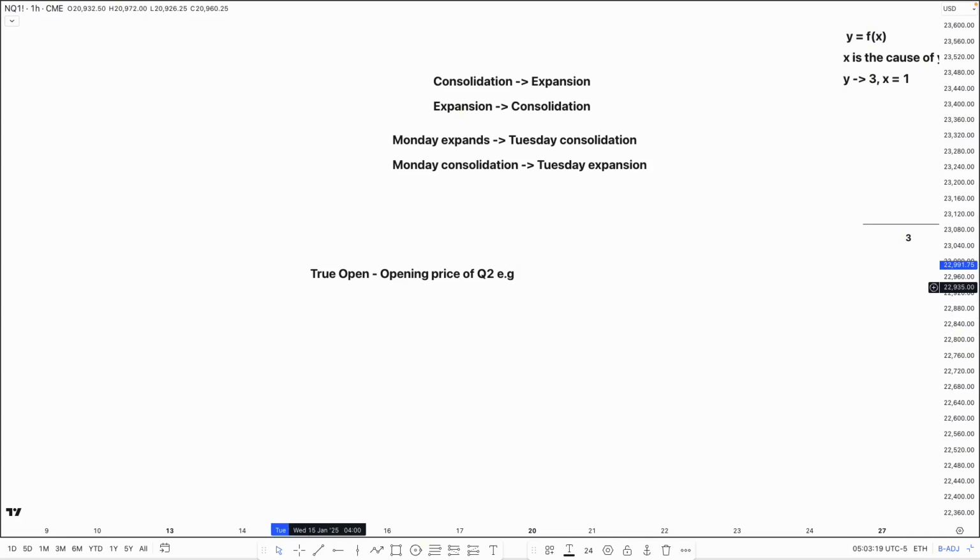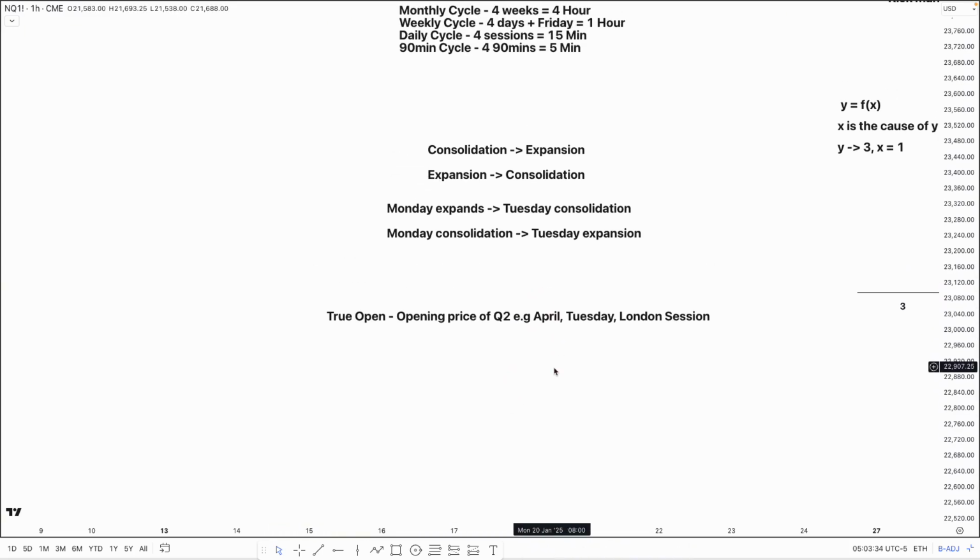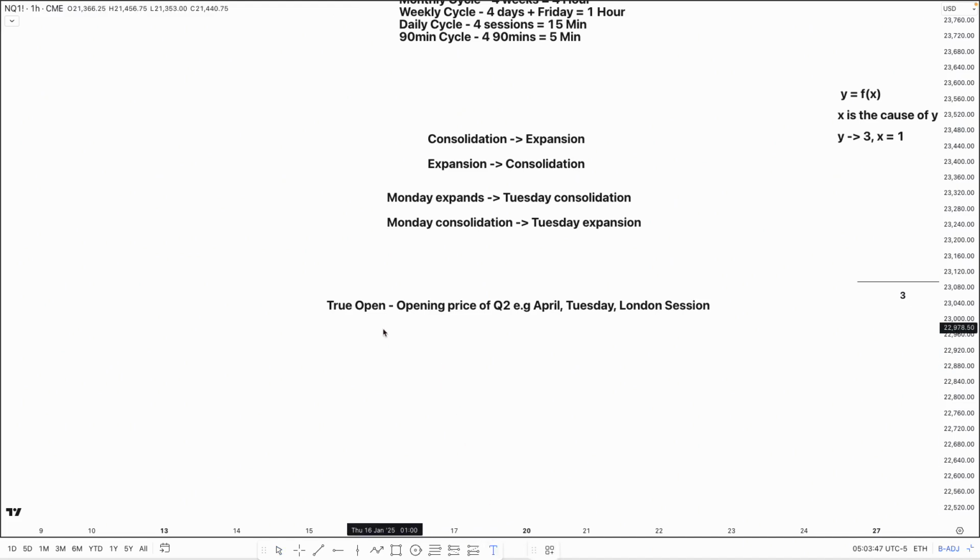So this could be the opening price of April, could be the opening price of Tuesday, or even the London session. I hope that you will understand these concepts, so I don't have to explain it too thoroughly. But to put it simply, we will only be focusing on the true week open as intraday traders.